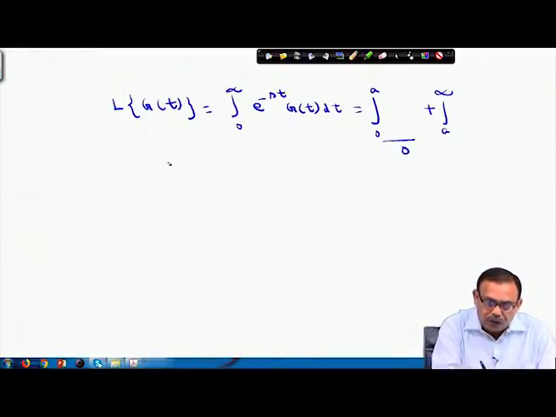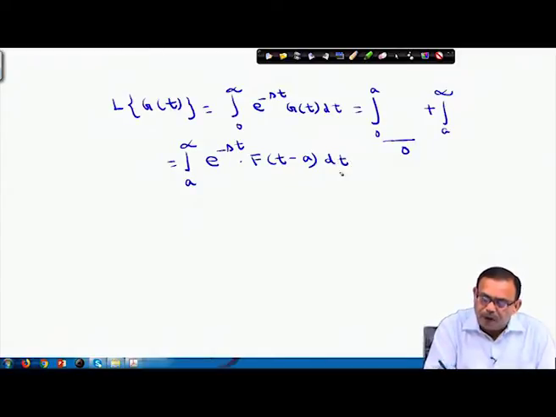So directly you can write the integral from a to infinity of e to the power minus s t into f(t minus a) dt, because g(t) equals f(t minus a) for t greater than a.